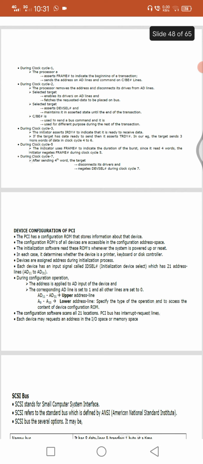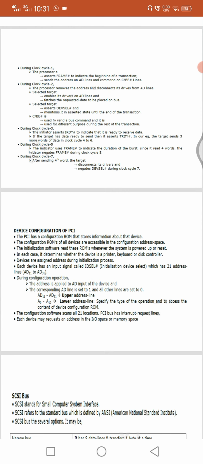Next, device configuration of PCI. The PCI has a configuration ROM that stores the information about the device. The configuration ROMs of all devices are accessible in the configuration address space. The initialization software reads these ROMs whenever the system is powered up or reset.